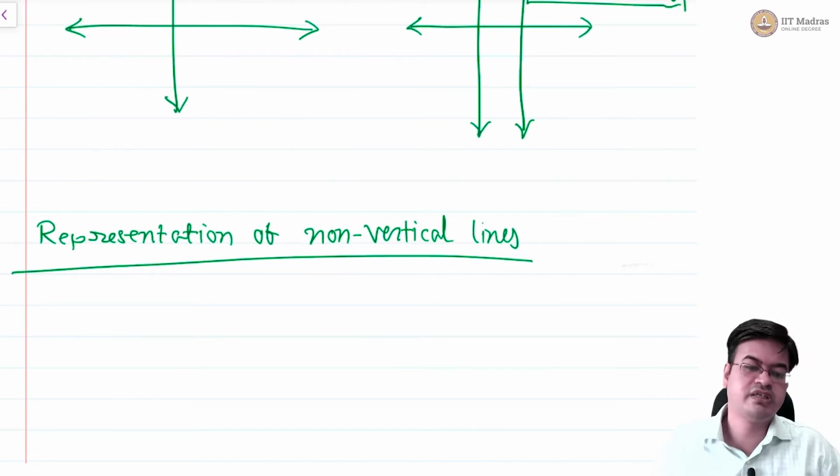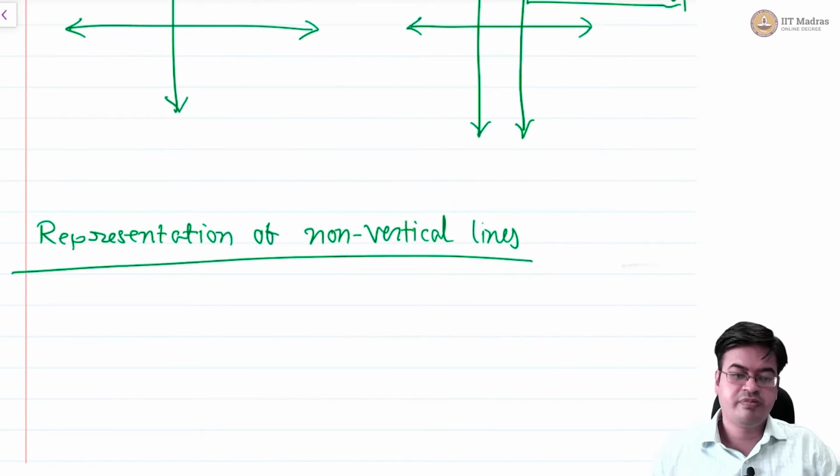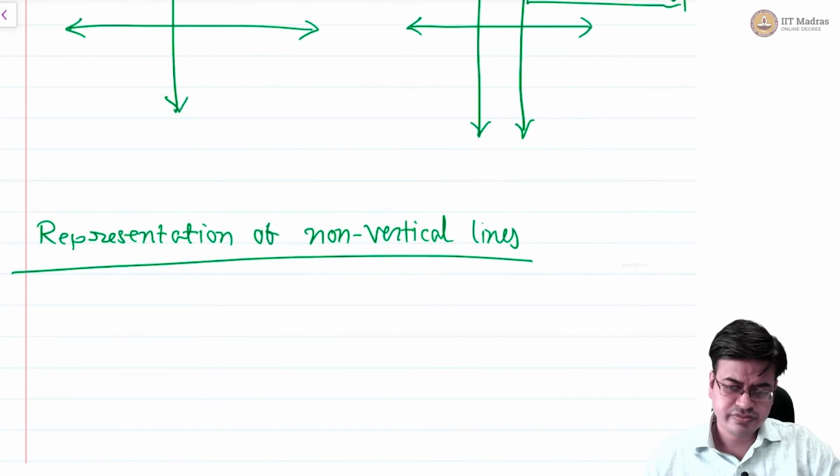So what is a representation of non-vertical lines? In particular, we know that a non-vertical line can be represented by slope. We have also seen that slope cannot characterize the line uniquely.